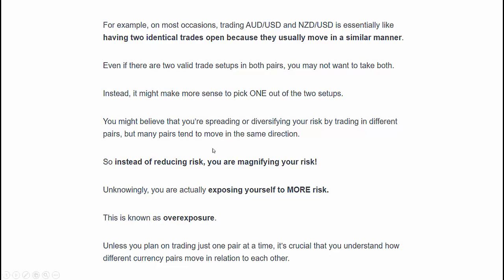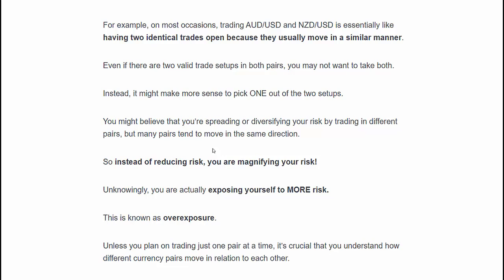You might believe that you're spreading or diversifying your risk by trading in different pairs or different contracts or different commodities, but many pairs, commodities, futures contracts, stocks move in the same direction. Okay, so in stocks, it's like if you bought Delta and you also bought Southwest, which is also another airline, both of those are going to move lockstep, hand in hand.